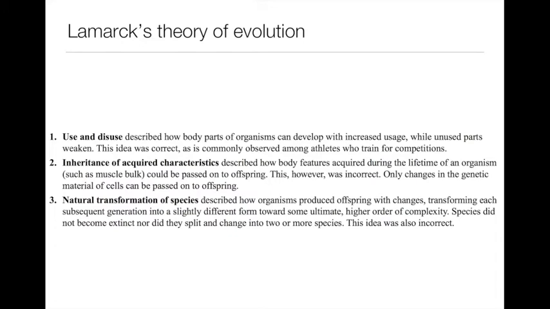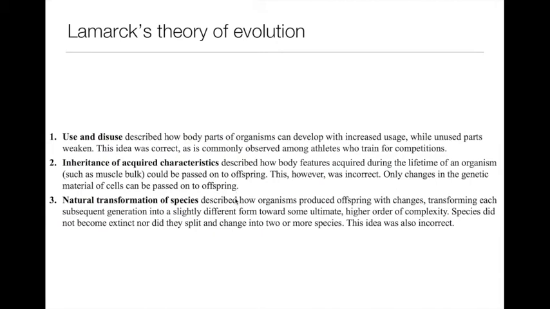So let's say that this muscle bulk was linked with some genes, then yes, it would be passed to offspring. But it is not linked with any genes, and it is only because of the practice you're doing to your muscles, and therefore it could not be passed to the offspring.